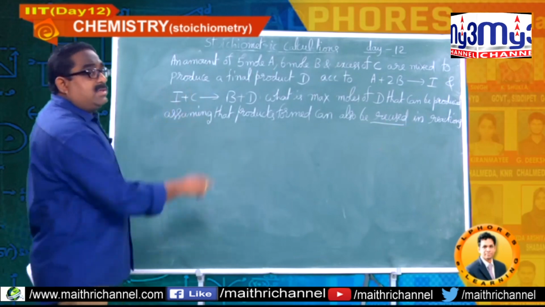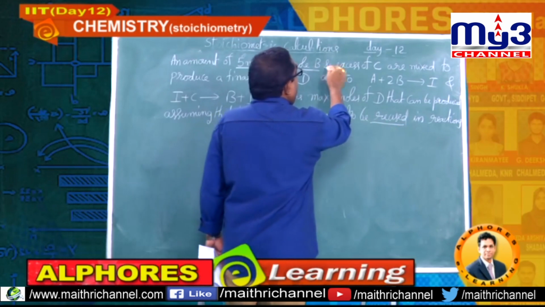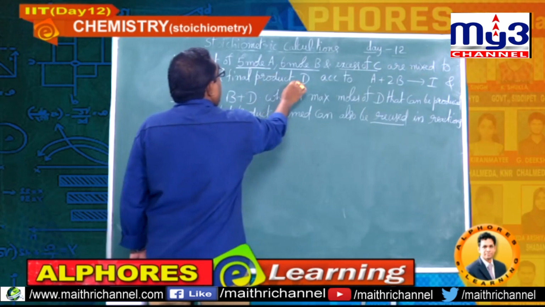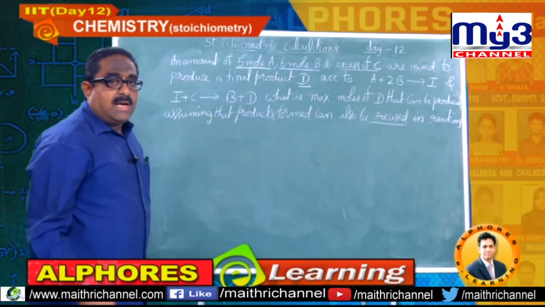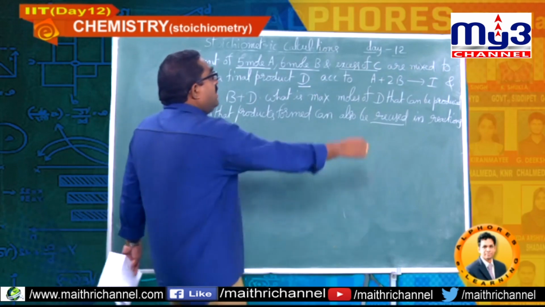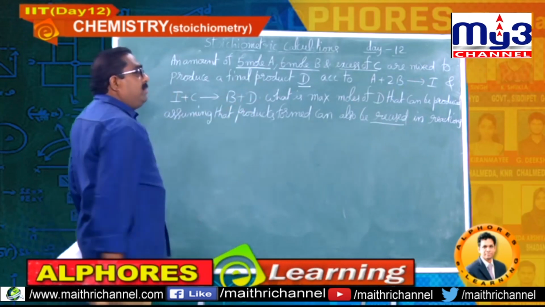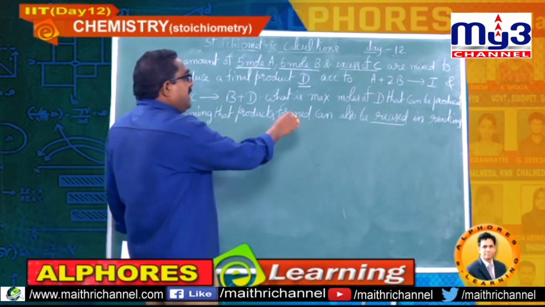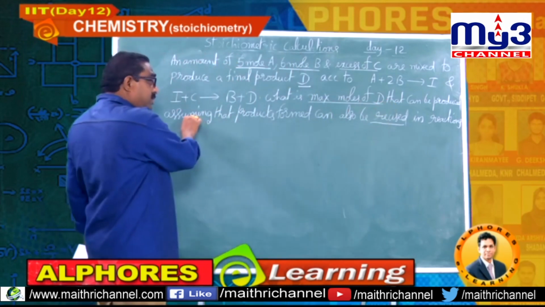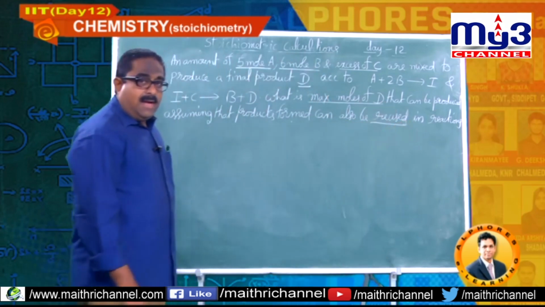Once again I am repeating the question, students. 5 mole A, 6 mole B and excess of C are mixed to produce a final product D according to two equations, one after another, two reactions. First A plus 2B gives rise to I and I plus C gives rise to B plus D. Now what he is asking, the maximum moles of D that can be produced, assuming that products formed can also be reused in the reactions.